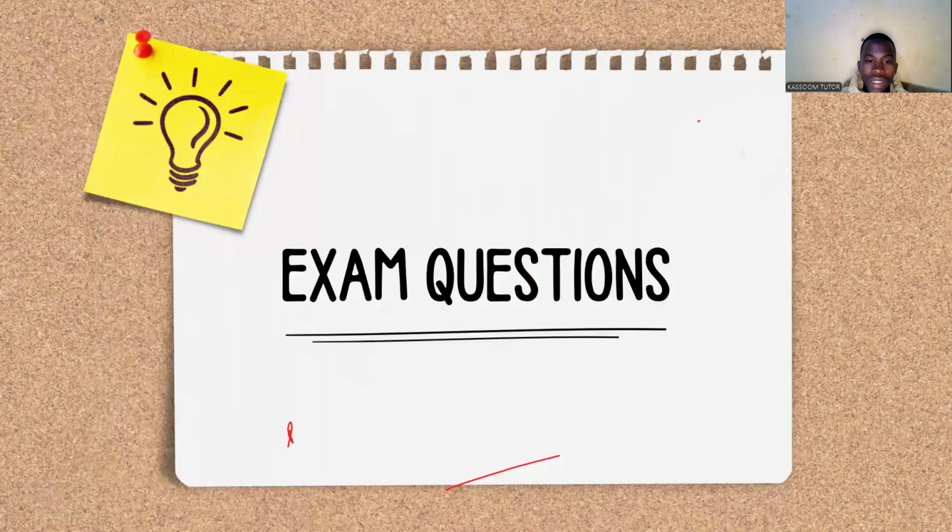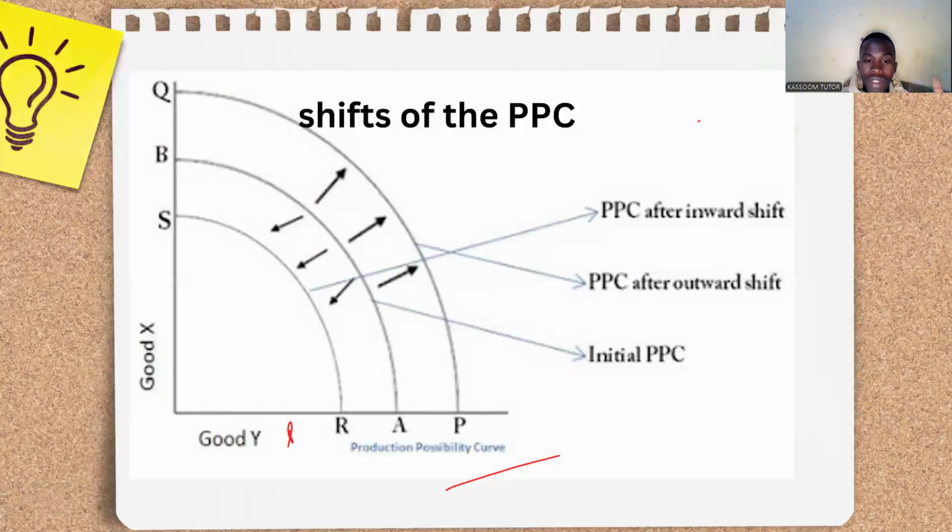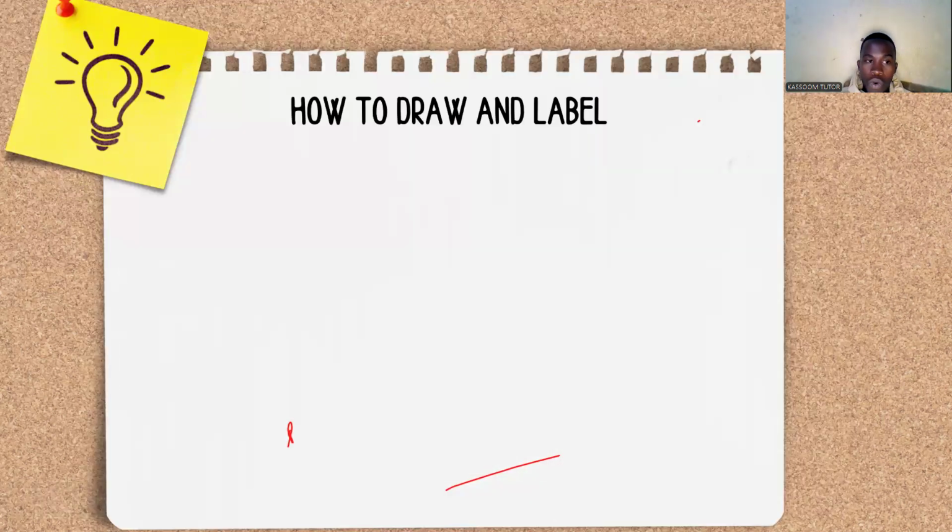The next question is saying, due to the Russia and Ukraine war, Russia has increased its output for guns, but at the same time, it has less yield for wheat, as people are not farming due to the war. Illustrate this using a PPC, obviously. So basically, in Russia, there is a war, okay?